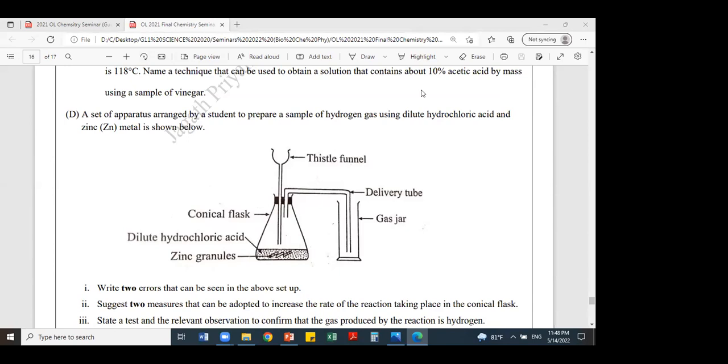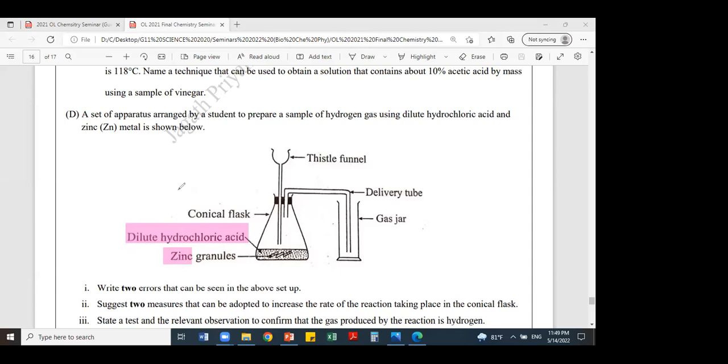Right now, what one error can you see? If you keep the funnel like this, gas can leak to the outside. What is the gas produced here? Hydrogen gas. If you add an acid to a metal, what is the gas coming out? Hydrogen gas.